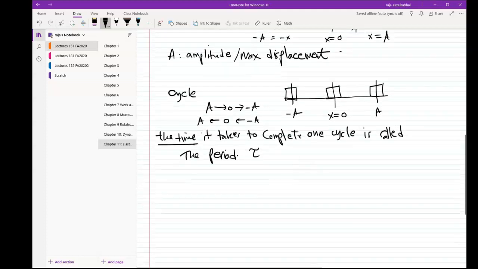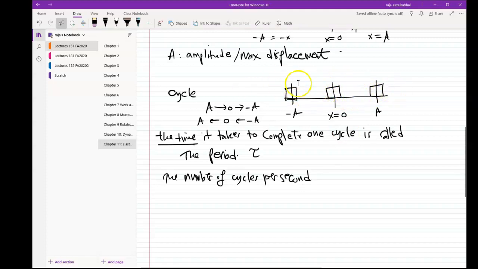We also have another one, which is the number of cycles per second. In other words, imagine that this mass is oscillating back and forth really fast. So fast you can't even see it, let's say.